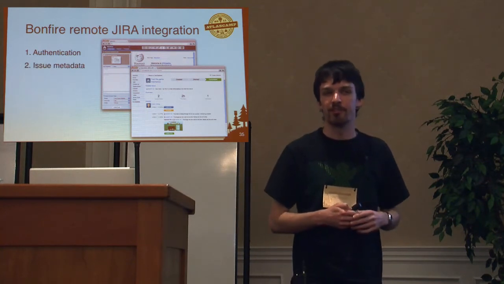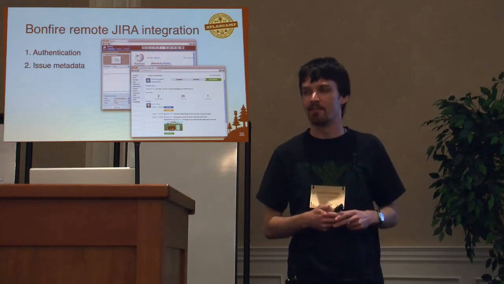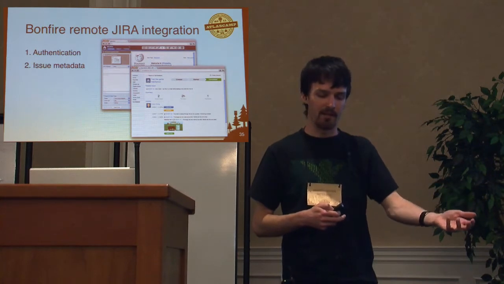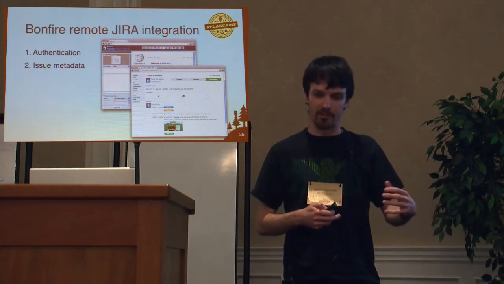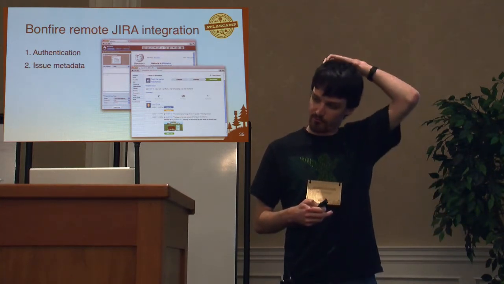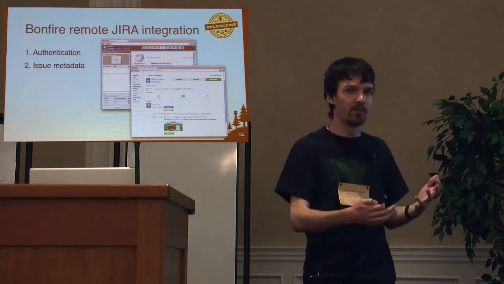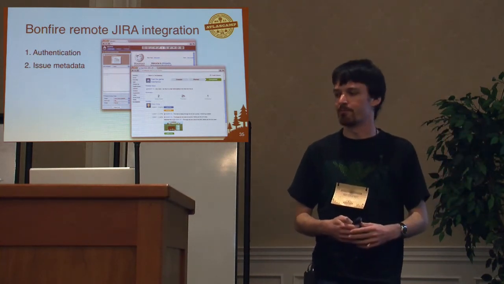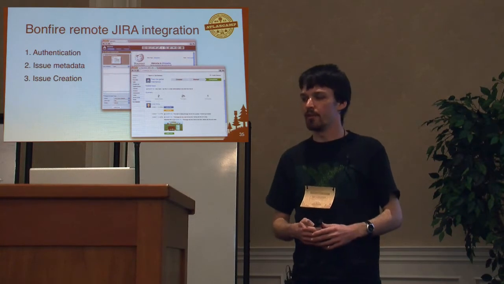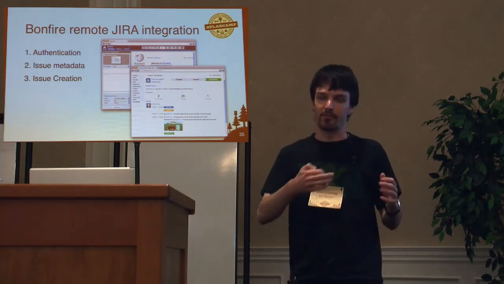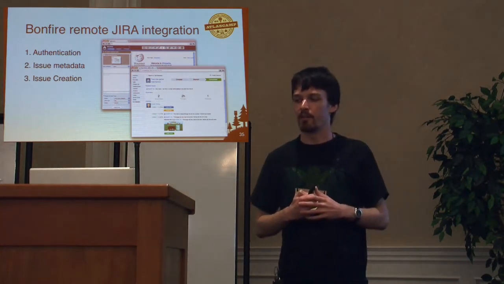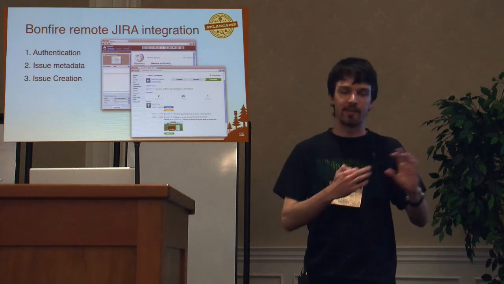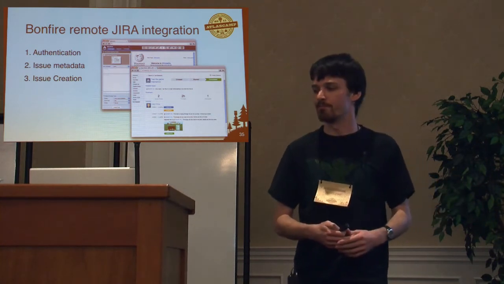Secondly, was querying JIRA to be able to find out the metadata related to issues. So to be able to pull out from the system the projects, the issue types, and all the fields for that system such that we can render the create issue form outside of JIRA. And third is actually creating the issue. So once we've rendered the issue form, the users filled out their information, being able to send that information across to JIRA and create the issue.